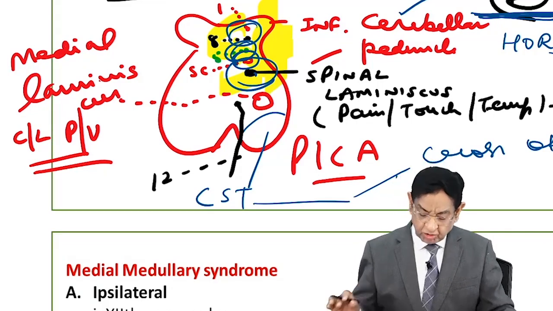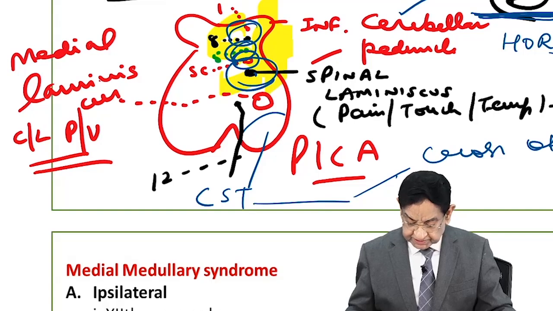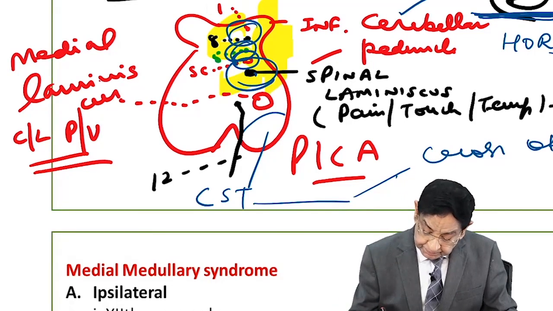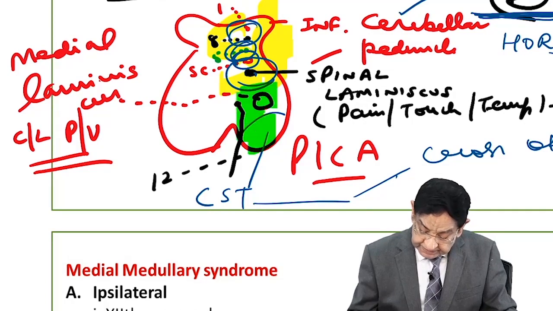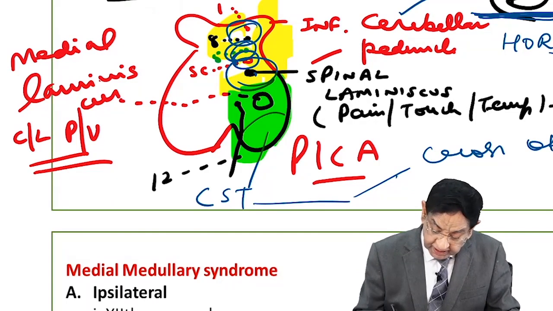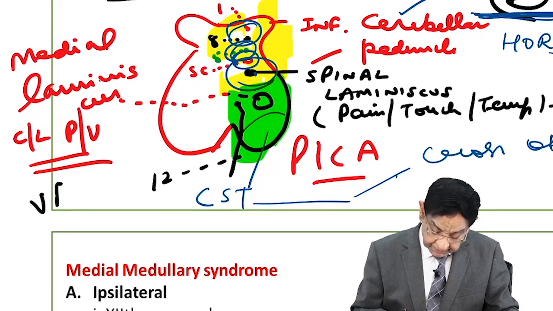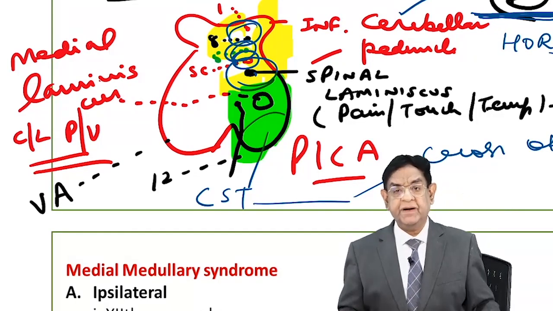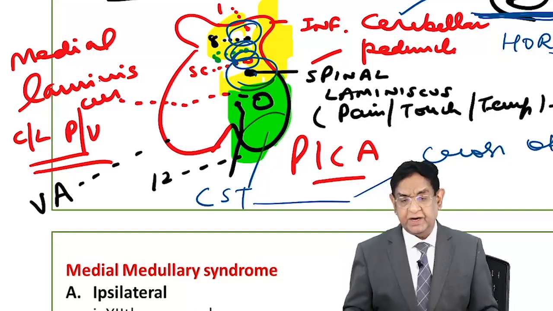They contain contralateral position vibration sense. Now this part of the brain is supplied by a branch of the vertebral artery.